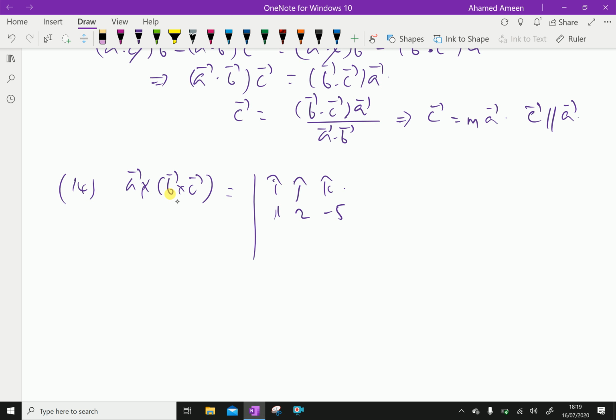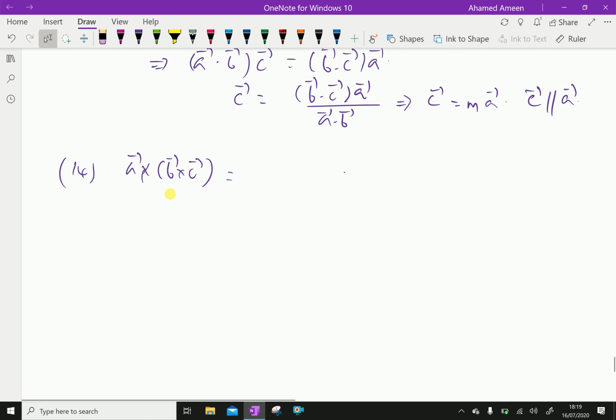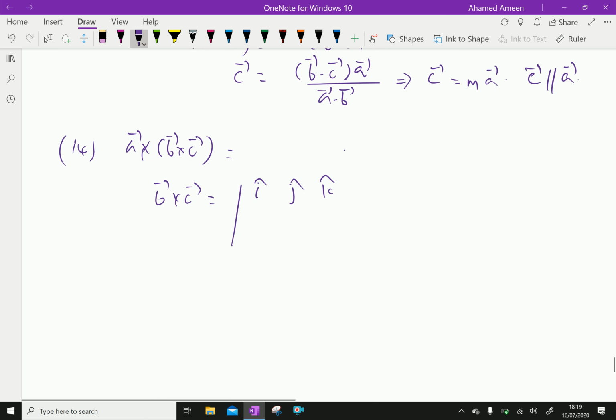Before that we will first find B cross C. B cross C is i, j, k, 1, 2, minus 5, 3, 5, minus 1.